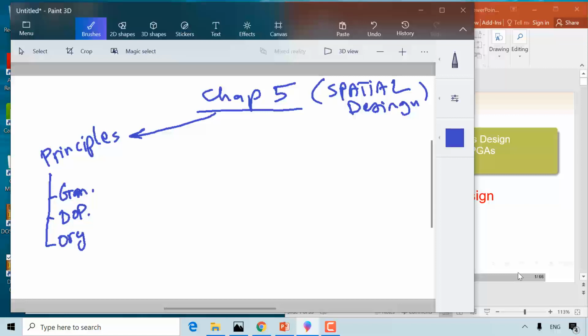We looked at single instruction stream, multiple data stream, single instruction, multiple instruction streams, and multiple data stream, etc. We then moved to identify parallelism. So after we learn these principles, how to identify parallelism in a design.